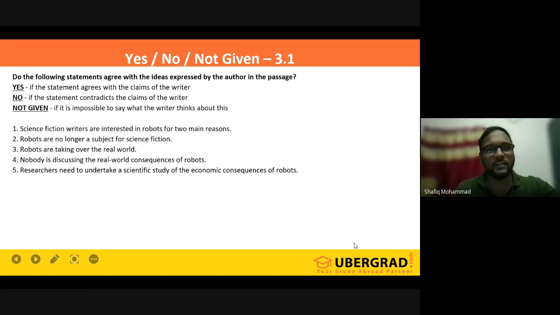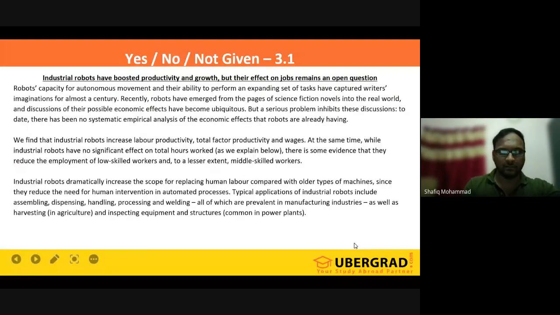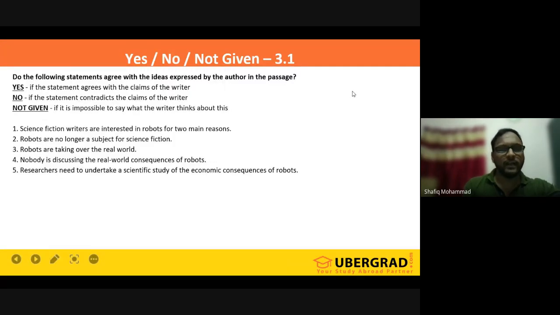So the answer should be yes, because here it is already given: robots' capacity for enormous movements and their ability to perform. These are the two things, so the writers are interested in that. That would be the right answer.